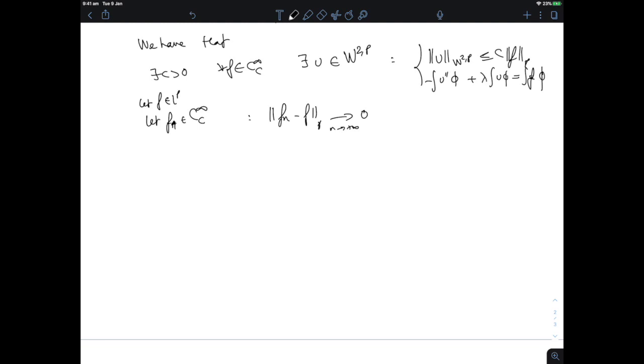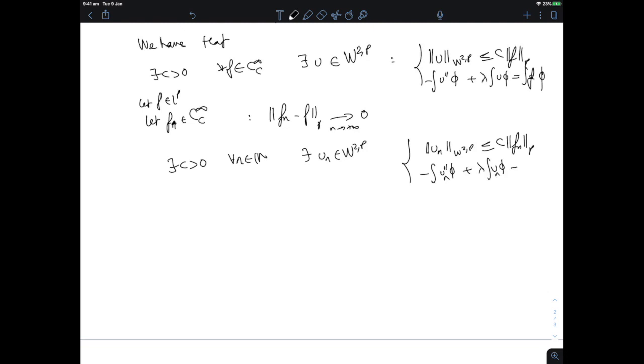So I have that there exists a C such that for all n in N, there exists a Un in W2P such that the norm of Un in W2P is smaller than C times the norm of Fn in LP, and Un satisfies the equation with Fn replacing f.